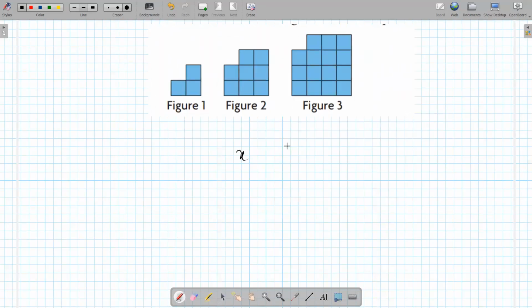So again, we have x and y. We have figure 1, 2, 3. The first one has 3. Second one has, what is this? 6, 8. The third one has 12 plus 3, 17. What do you think the pattern is? Let's see what it tells us.